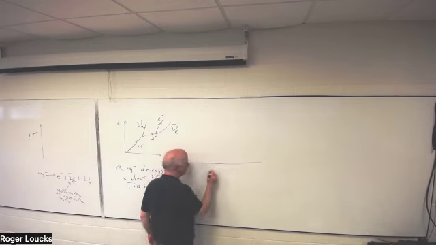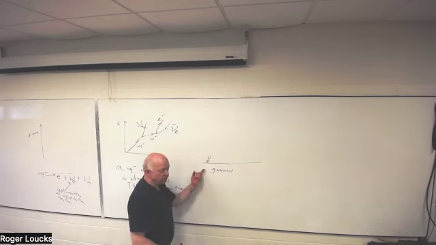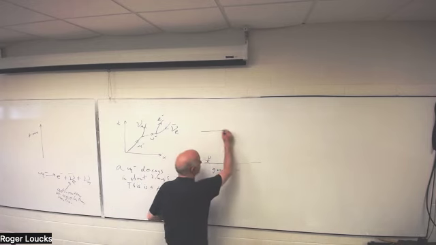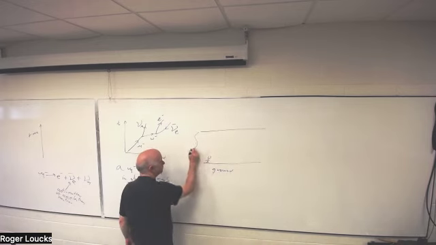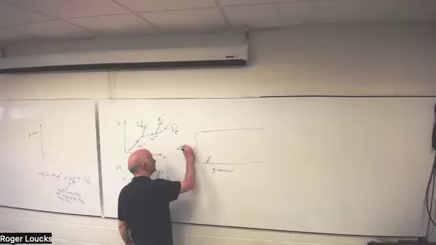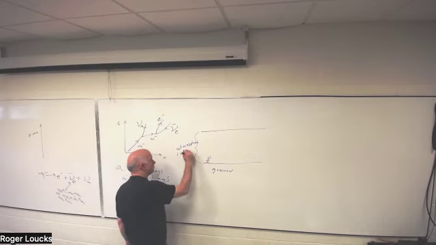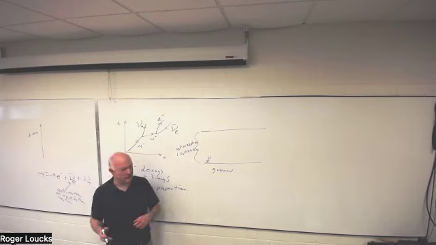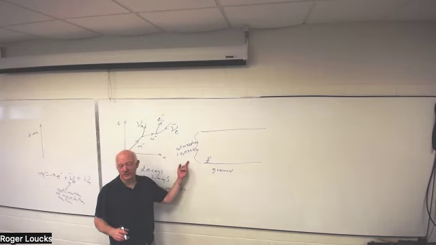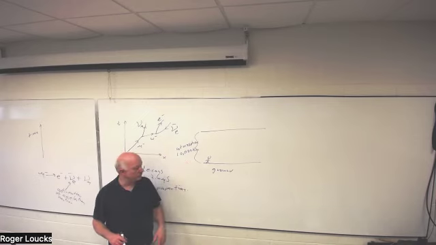Let's say here's the ground. So this is me. And this right here is the atmosphere. Let's say the atmosphere is about 10,000 kilometers. It varies depending on where you are, but I'm just going to call it that.